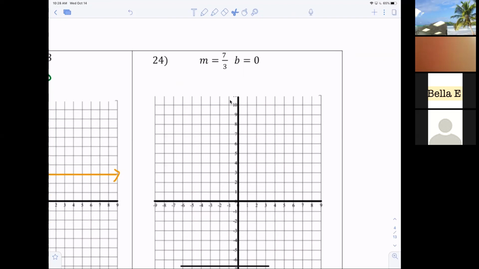Yeah, wow. That was a tough one. Y equals 7/3x plus 0. Really isn't necessary to put plus 0. No, but it's good to put it there because that is the what? Telling you that it is the y-intercept. What is the y-intercept in this case? 0. Thank you. All right.